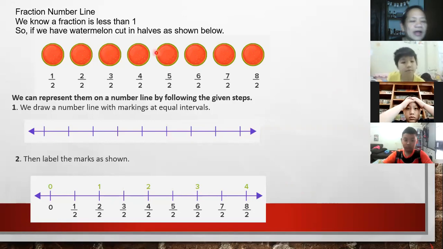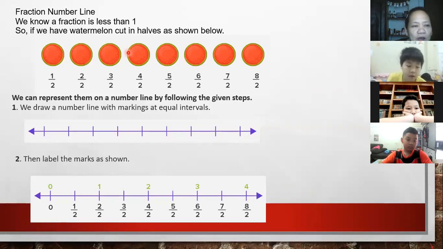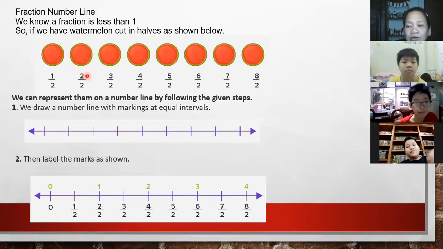This is a number line. A fraction is less than 1. So if we have a watermelon cut in half, as shown below, the first one, how do you read this? 1/2. And then 2/2 is 2 over 2.